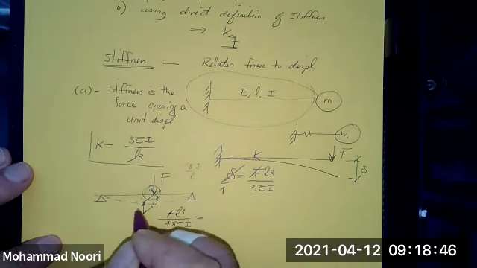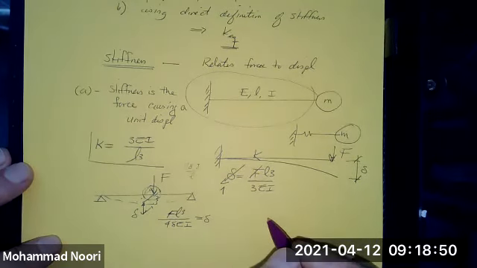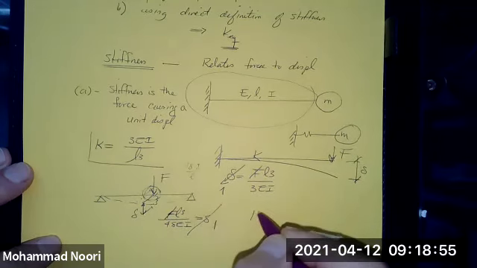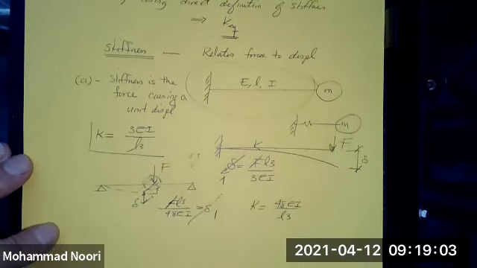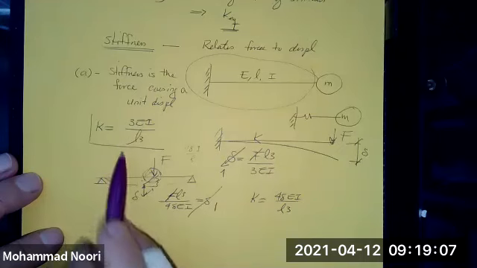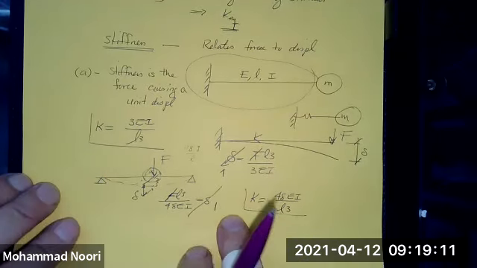So the simply supported beam acts like a spring whose stiffness would be 48 EI over L cubed.